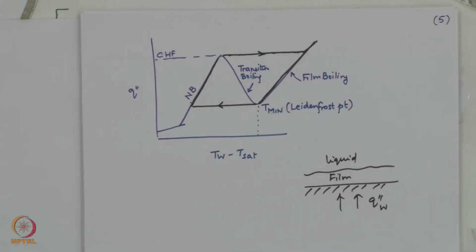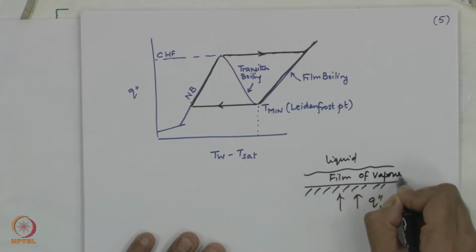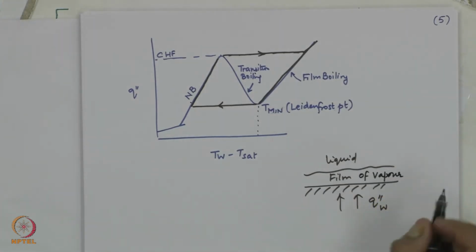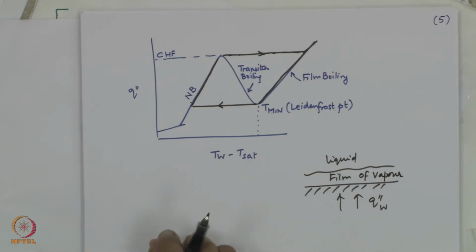This film could be continuous, this film could be local, it could have varying thicknesses, so on and so forth. Does not matter what it is. What we are trying to say is there is a vapor film which is going to cover the heated surface, prevent good heat transfer because of its poor thermal conductivity.